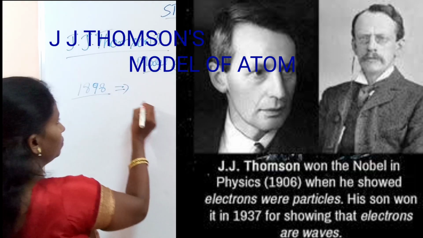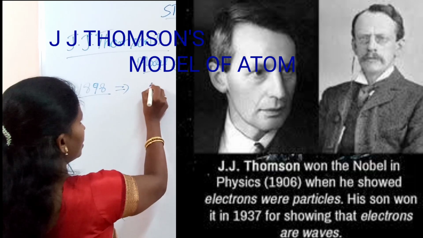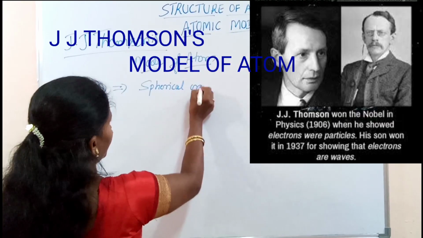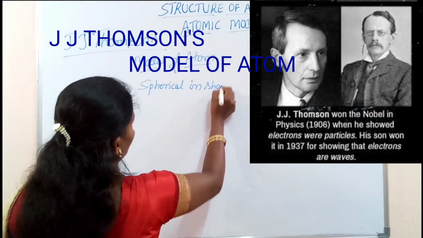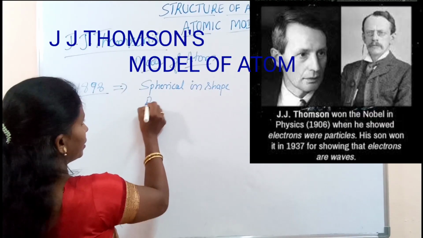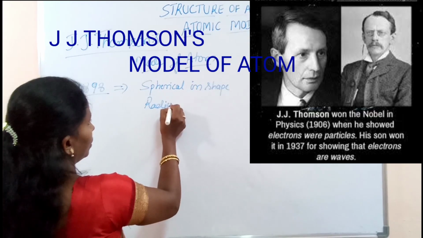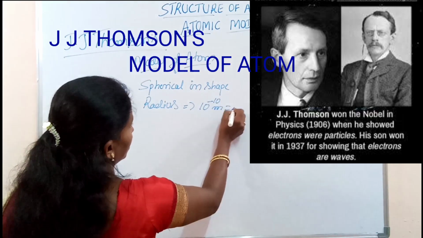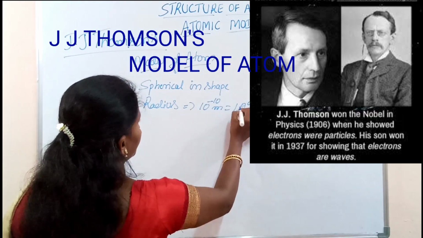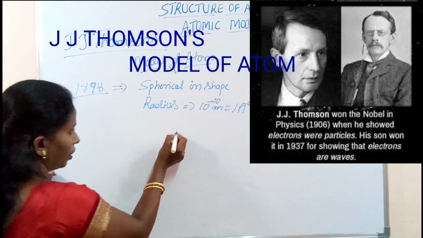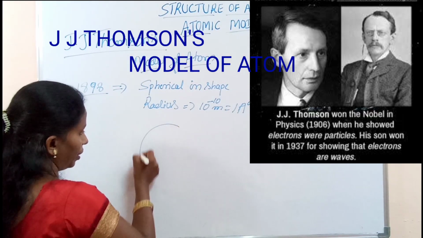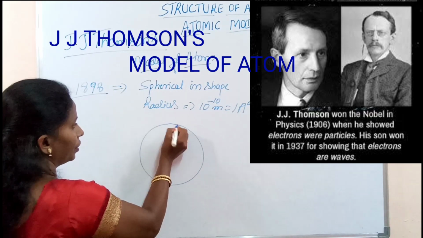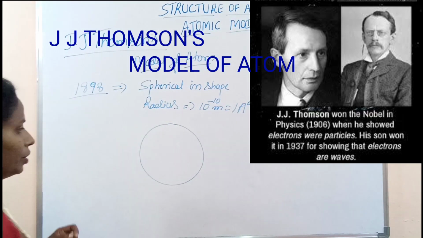According to J.J. Thomson, the atom is spherical in shape with radius 10 to the power of minus 10 meter, that is 1 Angstrom unit.